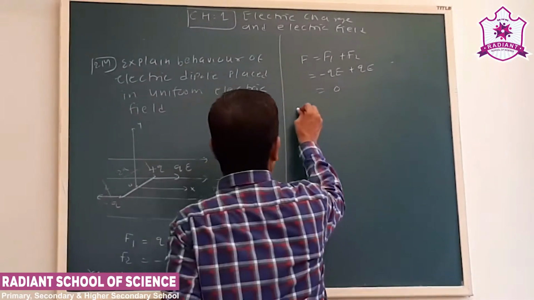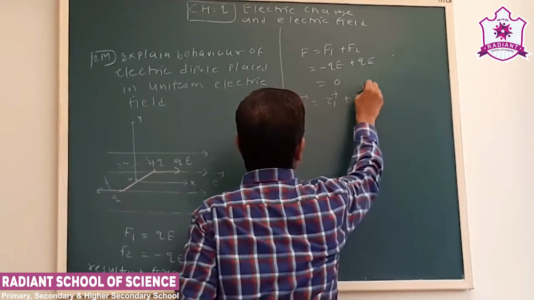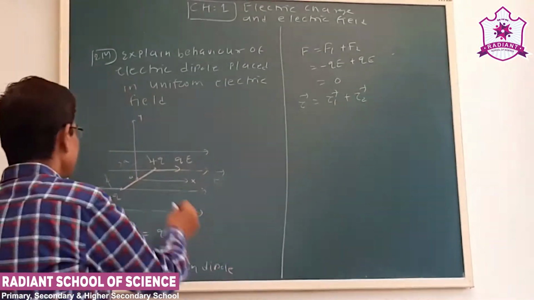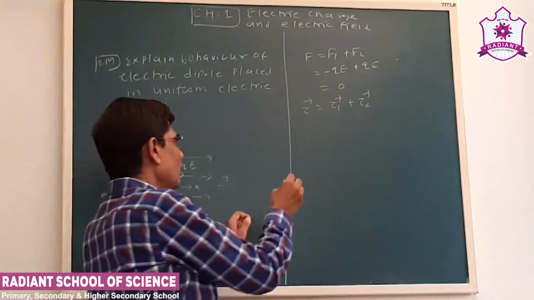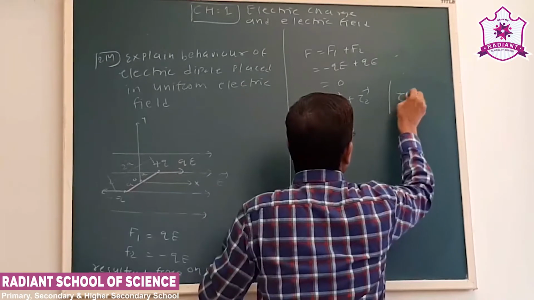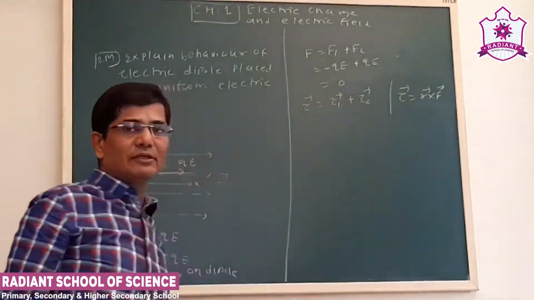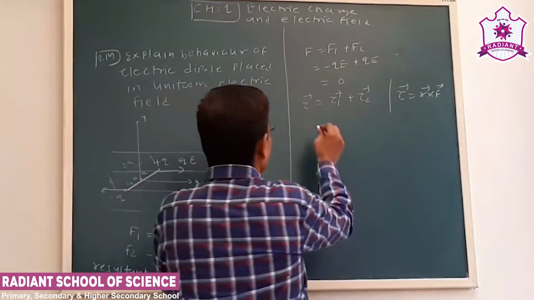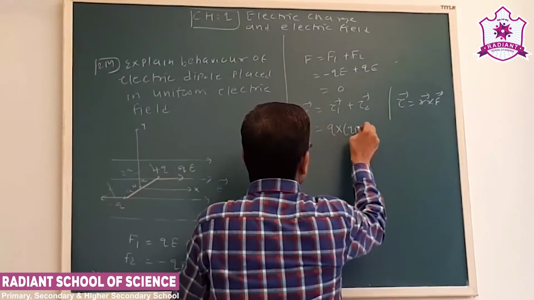So what is the torque here? Torque is tau 1 plus tau 2. The total distance is 2A, so this will be A and this will be A. Torque is r cross F, that we have seen a number of times earlier. So here the distance is A and the force is QE.